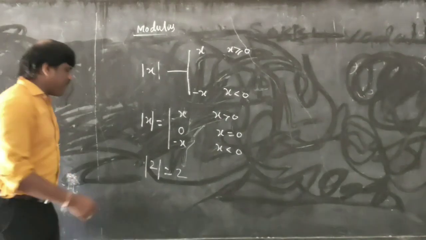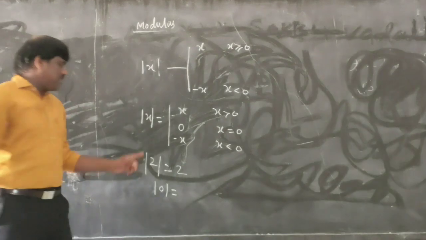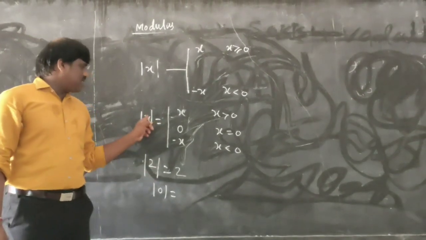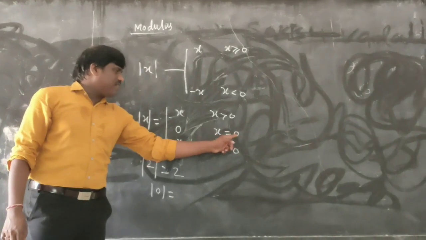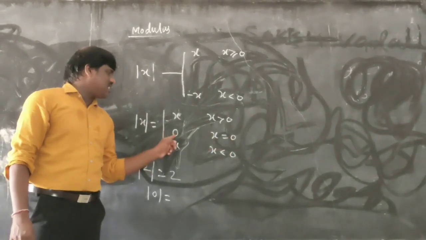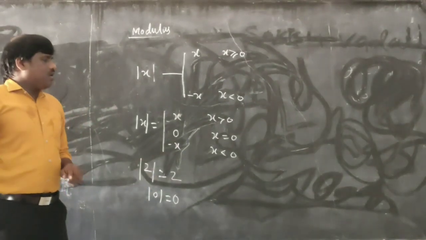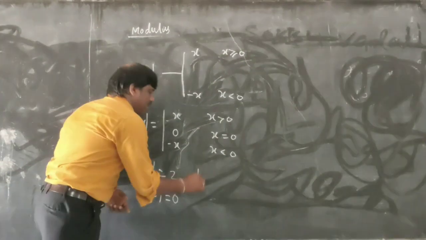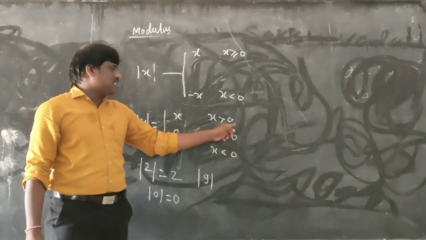Okay, suppose I am taking 0. I told you mod x is 0 when x is 0, which means whenever you have x equal to 0, the answer will be 0. Okay, let us go for another number. Here I am going to take 9. 9 is a number greater than 0.